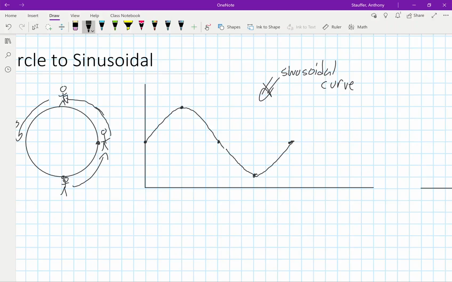Now, a couple things that I'm going to bring up about the sinusoidal curve. If we look at it, and I'm just going to quickly switch to another color right here, you see it very, very evenly breaks into quarters right here. And when we're looking at sine and cosine, we'll notice that it's going to break into quarters.